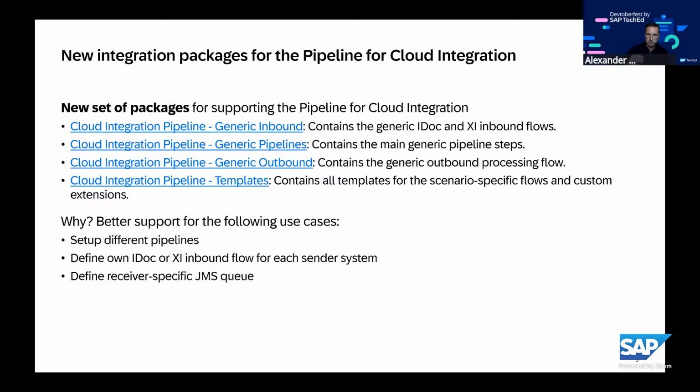If you like to have different pipelines in parallel, for instance, you might want to assign different pipelines to different organization structures, right? Or you might like to change the JMS settings to have a pipeline where you assign a higher number of concurrency to read the messages from the JMS, and as such, implement a sort of prioritization, right?